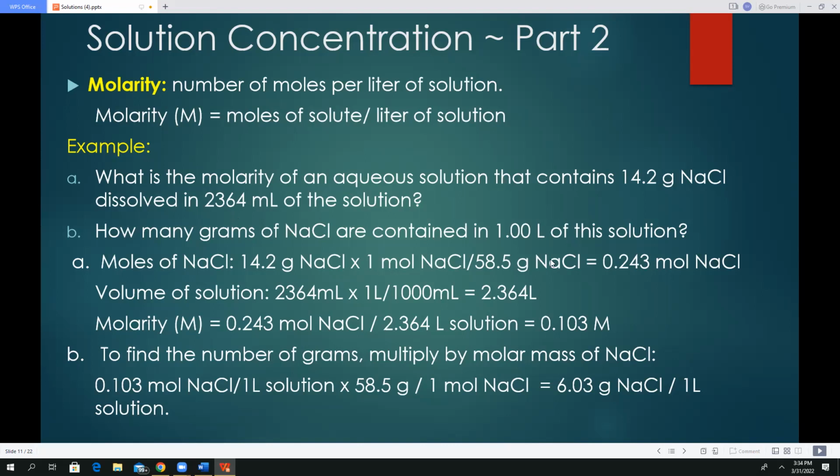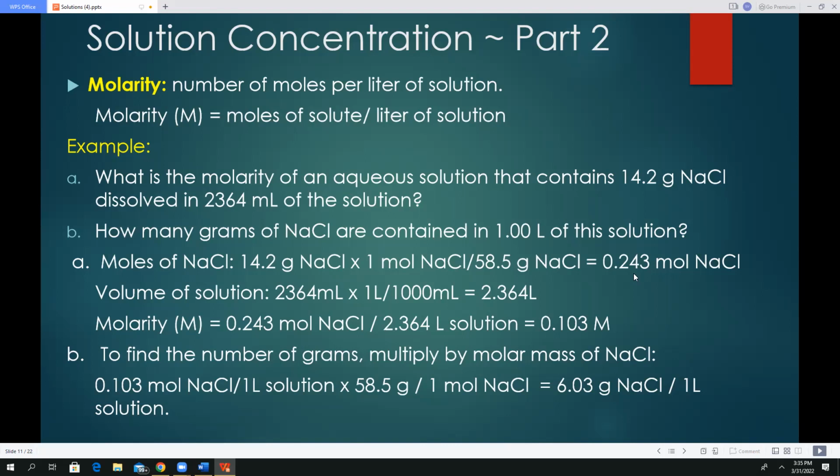See that? And that gives you, the answer is going to be 14.2 divided by 58.44. Or 58.5 according to that, but that's all right. And I get 0.24243 moles.